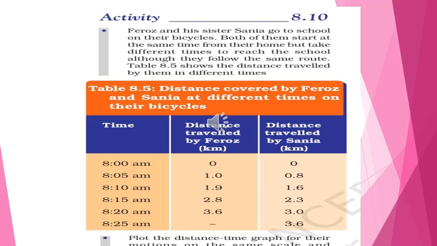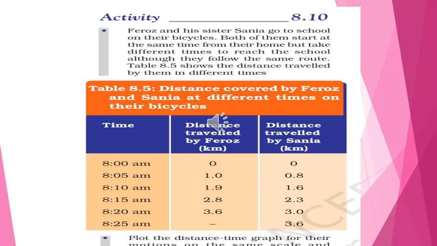So here is another graph activity. Firoz and his sister Sania go to school on the bicycle. Both of them start at the same time from their home but take different time to reach the school. Although they follow the same route, the table 8.5 shows the distance traveled by them in different times. So what we have to do?